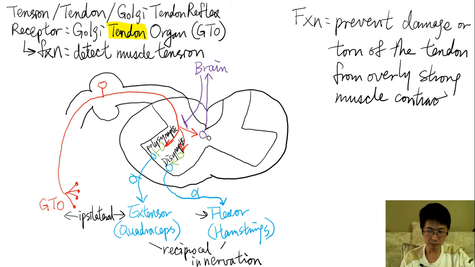Believe it or not, when our skeletal muscle contracts, it is strong enough to damage or even break our tendon. This Golgi tendon reflex helps to protect us from this happening.